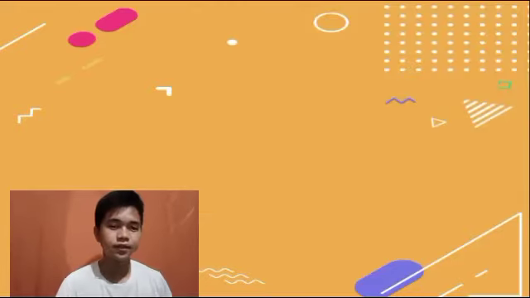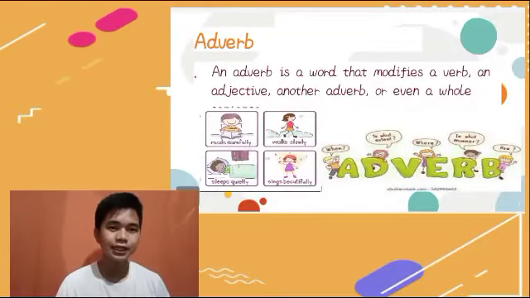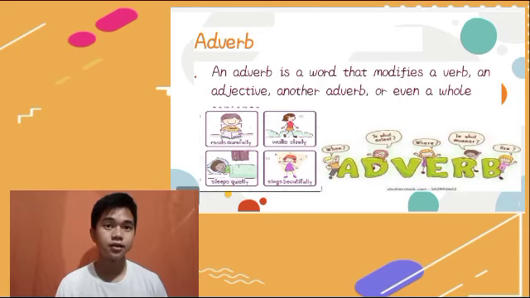Next, let's have the adverb. If the adjective describes the noun and the pronoun, then the adverb describes the verb, adjective, or another adverb. Some examples of these are slowly, quickly, quietly, loudly, well, and many more.